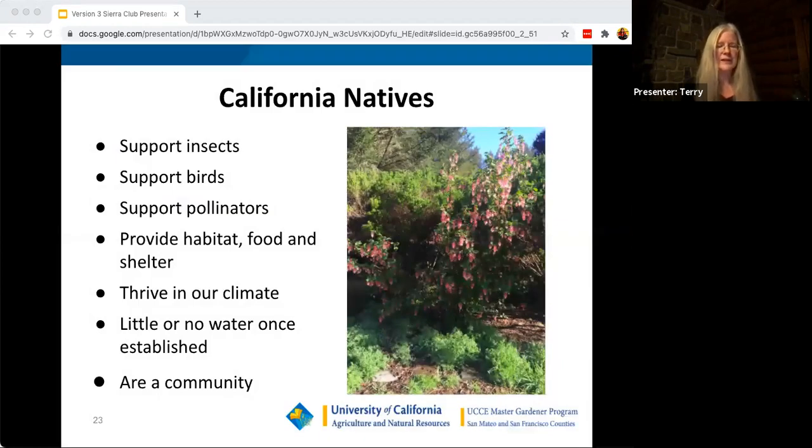So California natives, we love California natives. They support the insects, they support birds, they support all kinds of pollinators, they provide habitat, food, and shelter. They thrive in our climate, need little or no water once established, and they support a much larger community. So I really encourage you to consider putting natives in your garden.